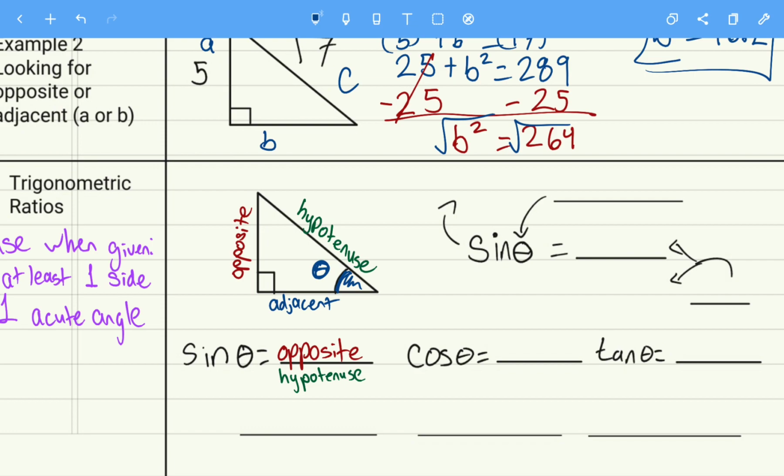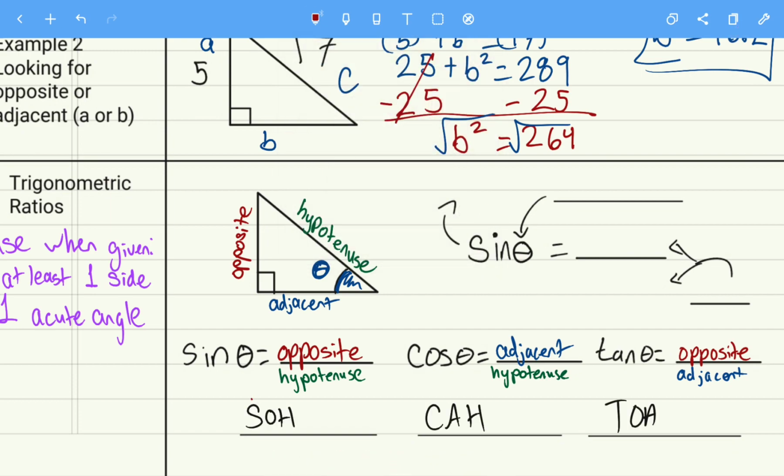Cosine of our angle is the adjacent divided by the hypotenuse. And last but not least, tangent of our angle is equal to the opposite over the adjacent side. A little mnemonic or acronym you can use is SOHCAHTOA.